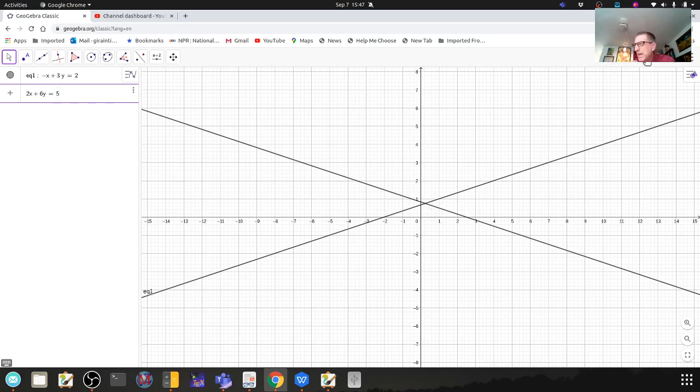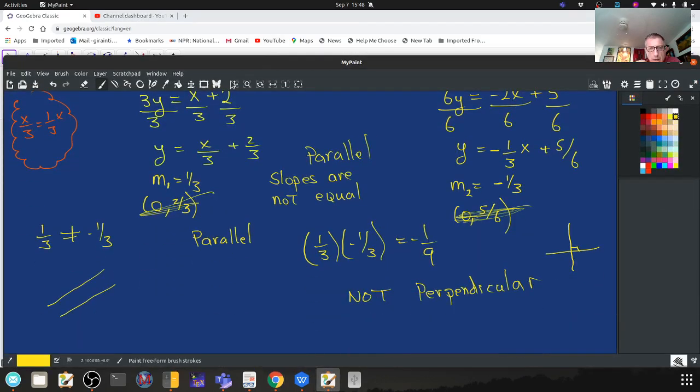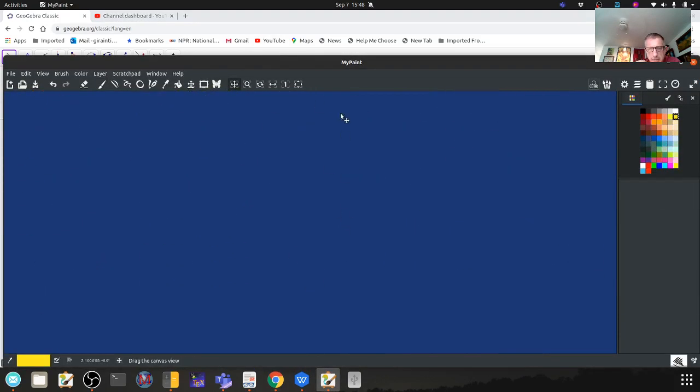I was hoping that I actually had an example of two that were perpendicular, and I don't. So I can create one for you. Shall I create one for you? Let me just do a really easy one, okay? I always like to give a positive example.